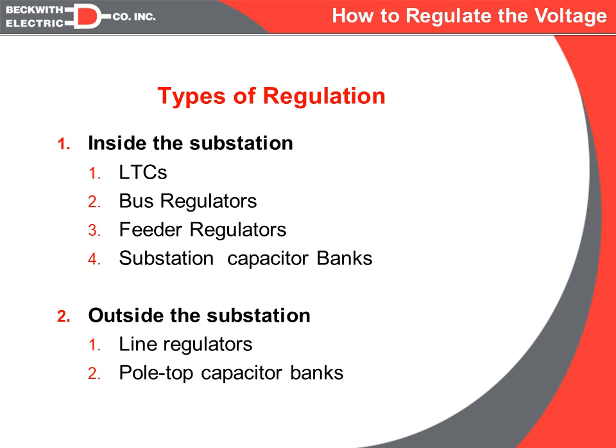So typically substation capacitor banks, if they are within the system, are there normally to be controlled more for VAR flow than for voltage flow, but we can use them to regulate the voltage. Finally, outside the substation, we have single-phase line regulators and also pole-top switch capacitor banks, which may be either fixed banks, which are not controllable, or switched banks, which are.